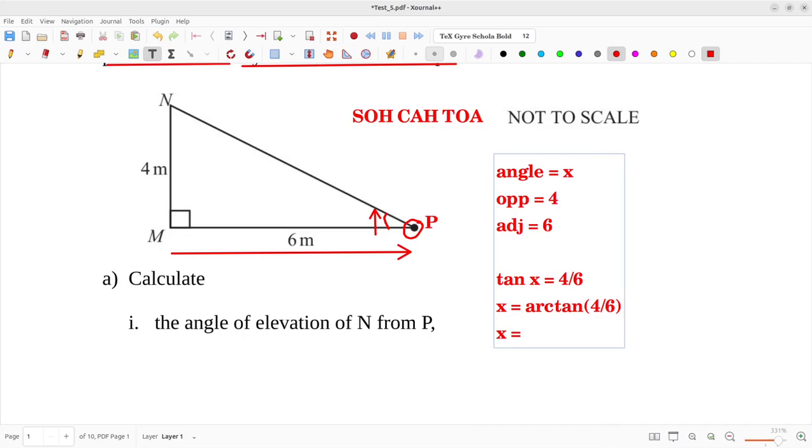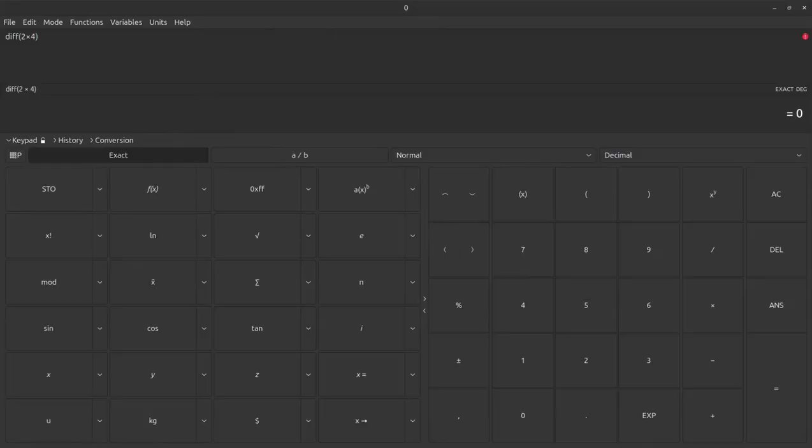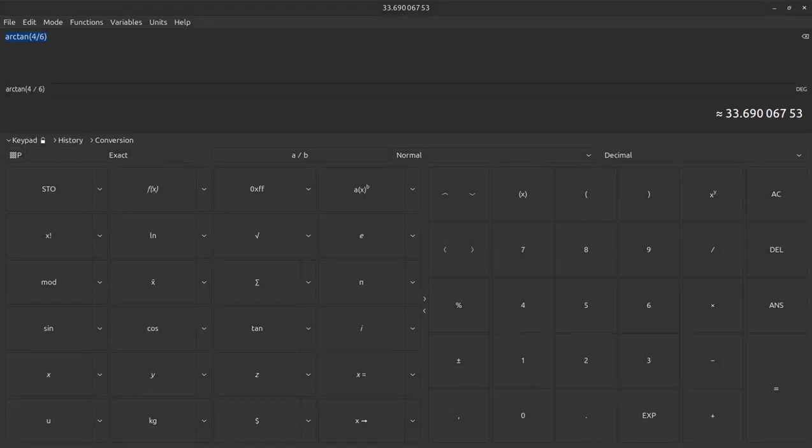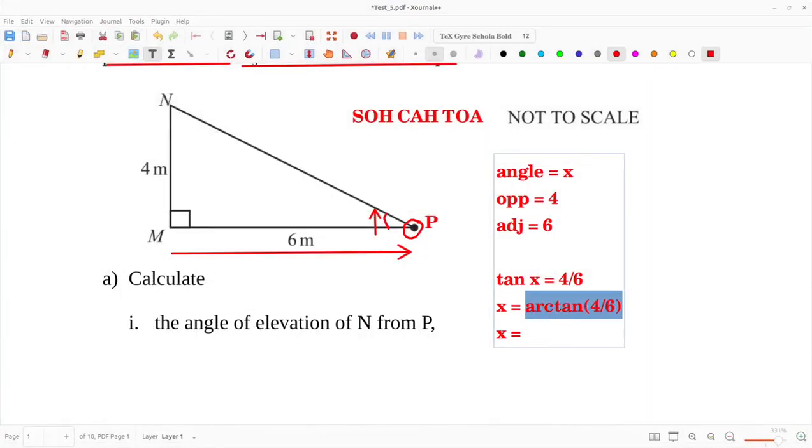Let's put that on a calculator. Tan inverse of 4 over 6 is giving us 33.69.